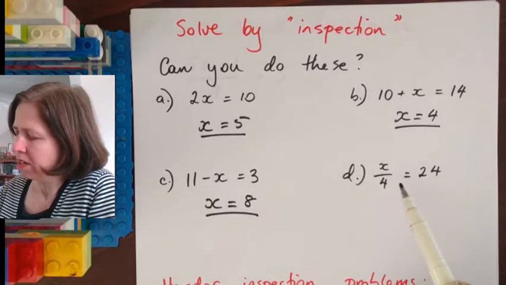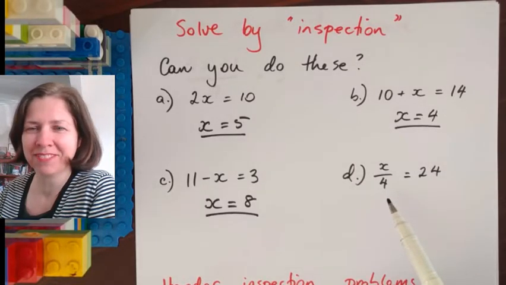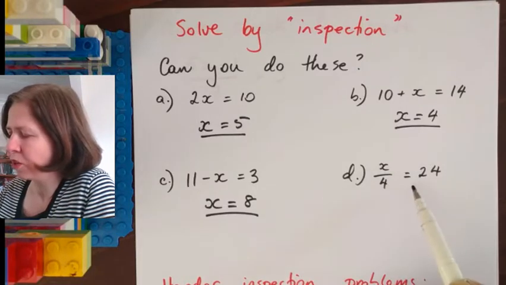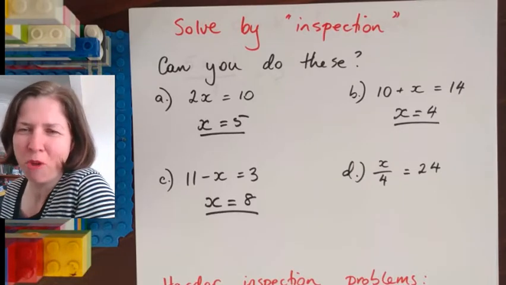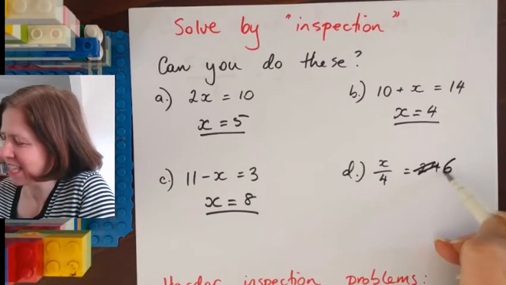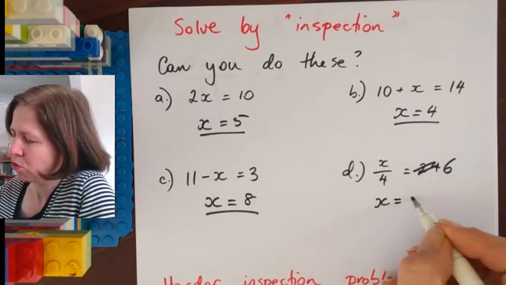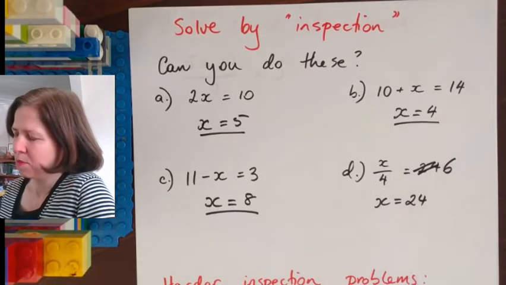And the last one, oh, I've written the wrong equation. That's a bit tricky, but we can still do it. Something divided by 4 gives me 24. I really wanted this to be 6, and I accidentally wrote down the answer I was thinking of. Can I fix it? Let's make that 6, and that's going to give me an answer of x equals 24, because 24 divided by 4 is going to be equal to 6.